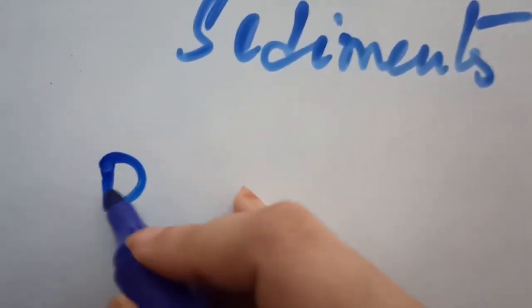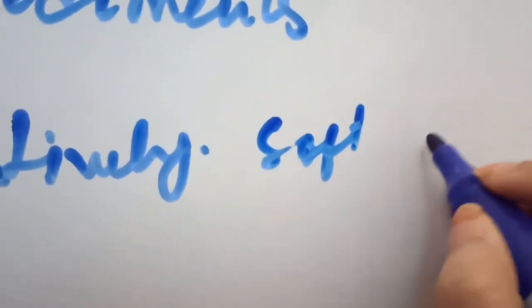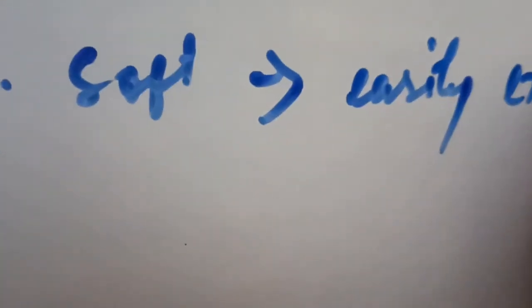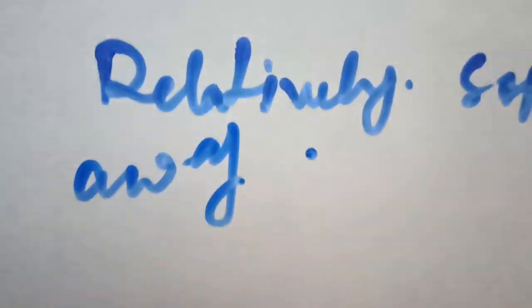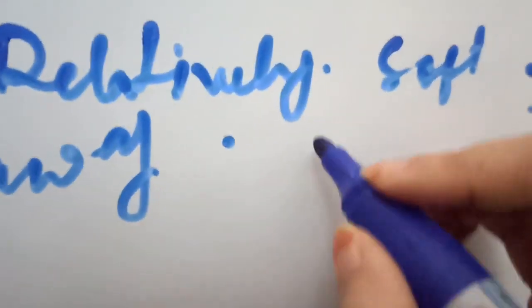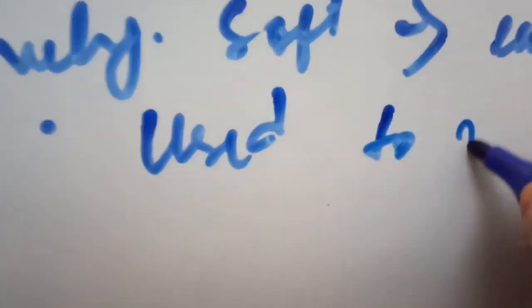So the sedimentary rocks are relatively softer and they get easily eroded away too. The sedimentary rocks are also used to make houses and buildings.